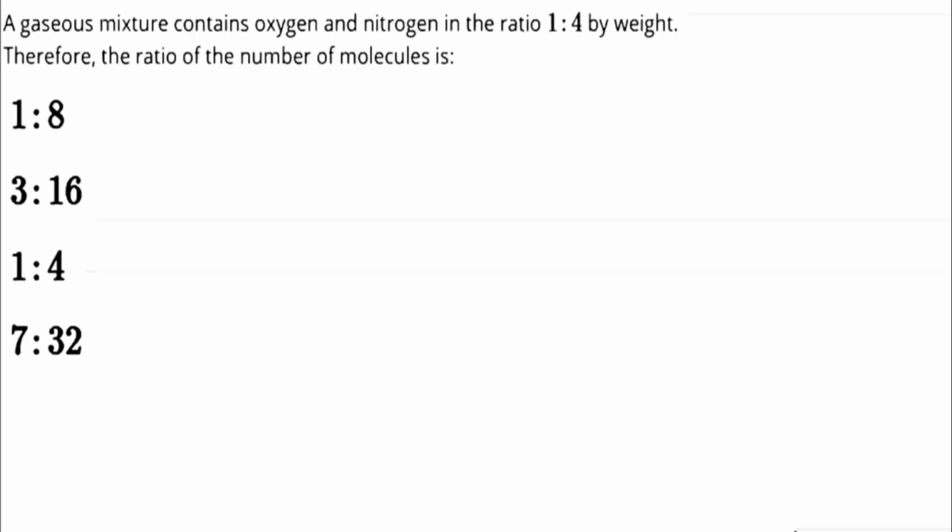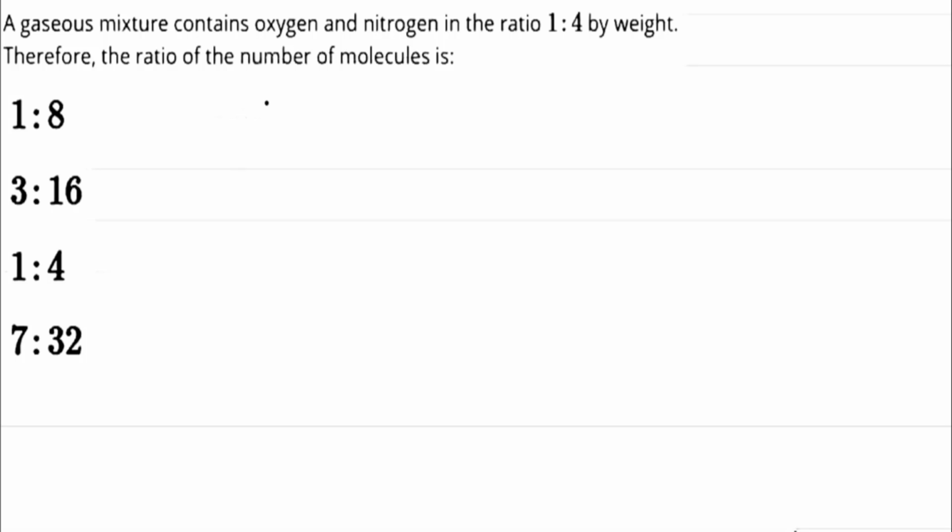Thanks. Hello students, let's start the question. The question says that a gaseous mixture contains oxygen and nitrogen in the ratio 1:4 by weight. Therefore, the ratio of the number of molecules is. Now, what has been given to us?